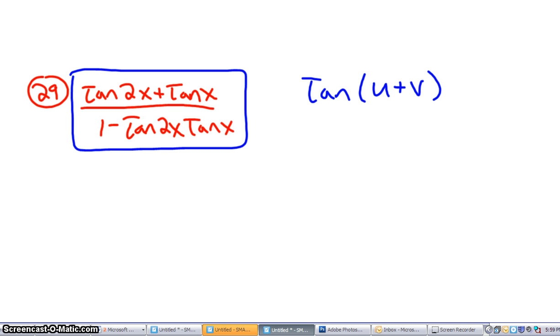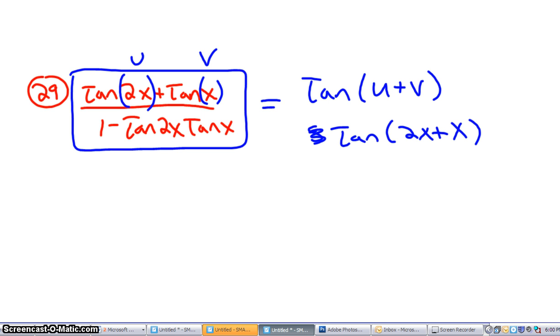Well, if I let this 2x be u and the x be v, does that fit into my problem set? And in fact, it does. What it tells me then is my tangent will be 2x plus an x. That can be simplified down to a tangent of 3x.